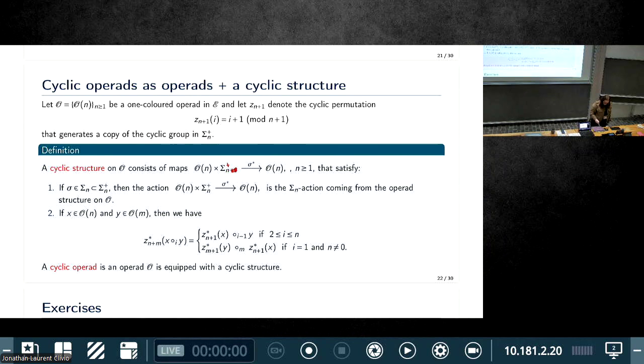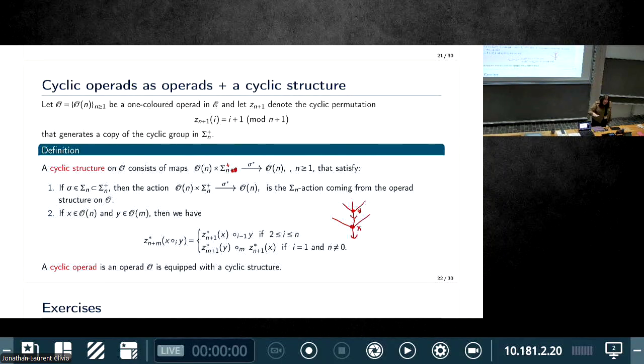And if not, I want to have rules that say, if I cyclically permute x ∘_i y, so this composition where I've glued x to the ith leaf, so this is y, this is x.